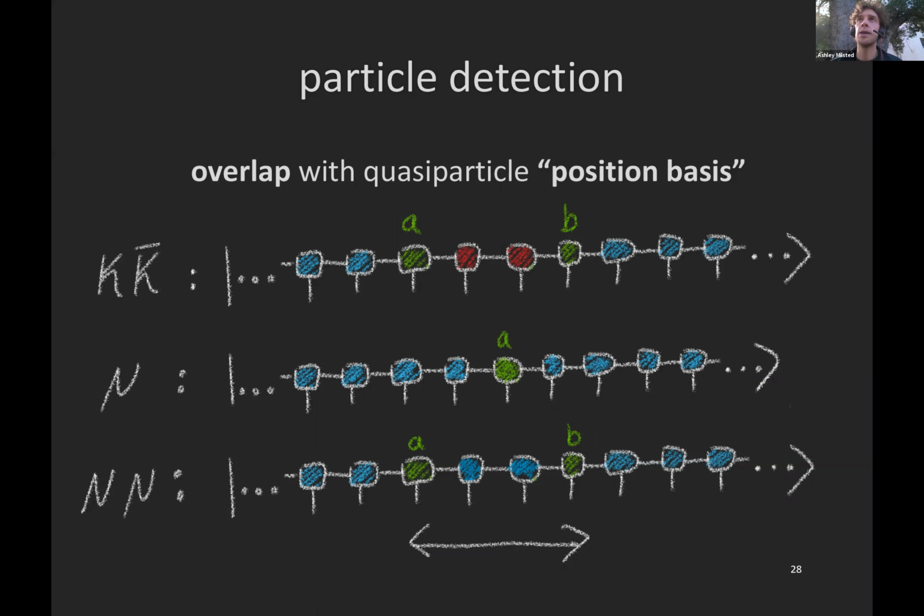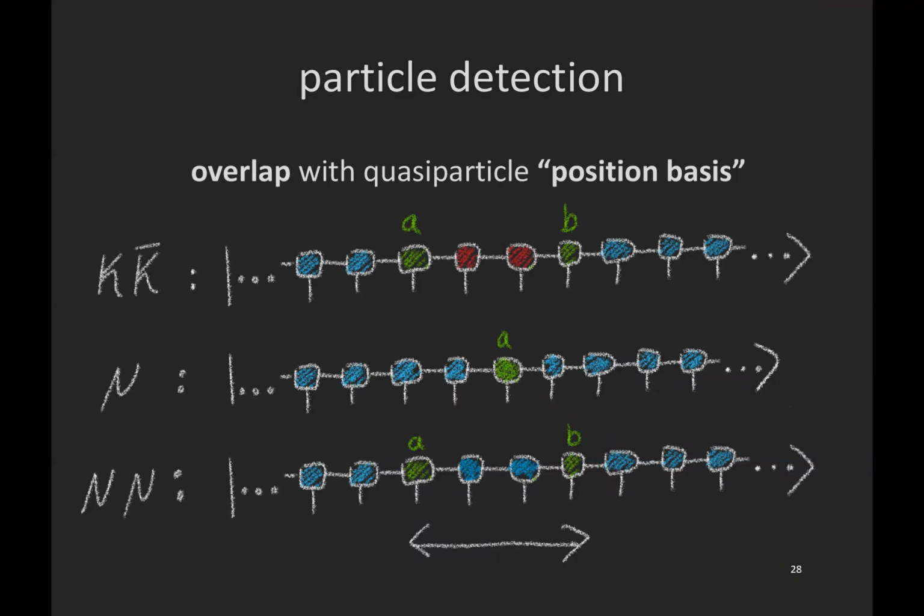And I should stress again, this is not a new thing. These are methods that were developed years ago. 97, I think, is the first instance where people looked at this type of state. I think Rommer and Östlund, and they looked at periodic boundary conditions, the non-topological version of this, and they called them block states.